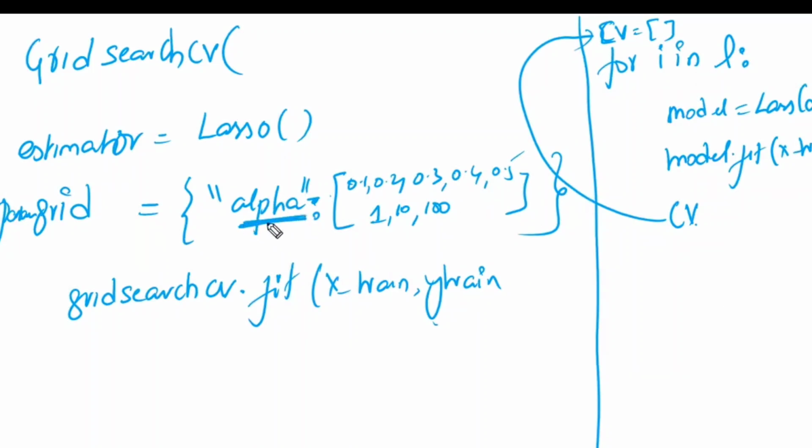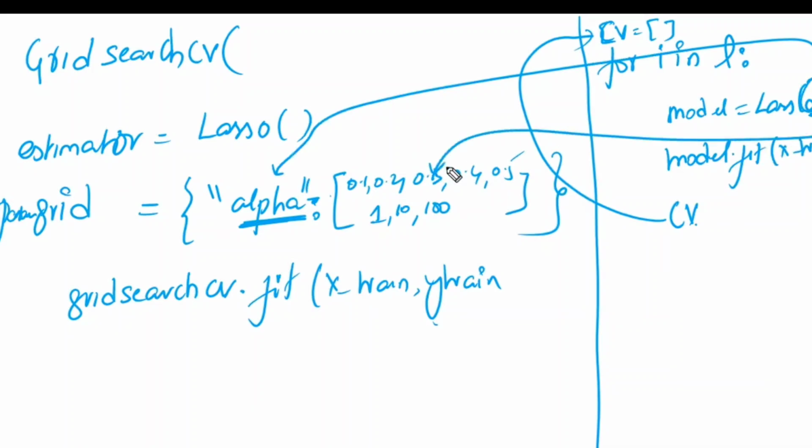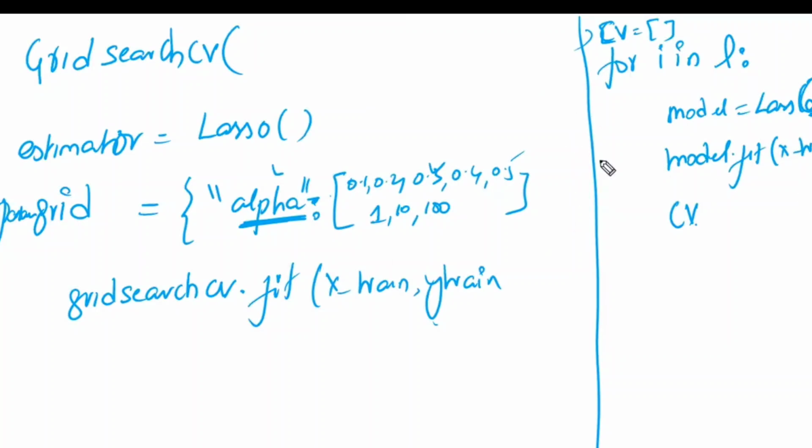Here, whatever the key name is, it is going to take the values inside that model parameter, so the key and the model parameter should be the same. And for the different values you want to check, it applies the for loop and identifies which is the best one. Generally, we would write the for loop, set CV is equal to an empty list, fit on X train, Y train, and every time append the CV score we have got.